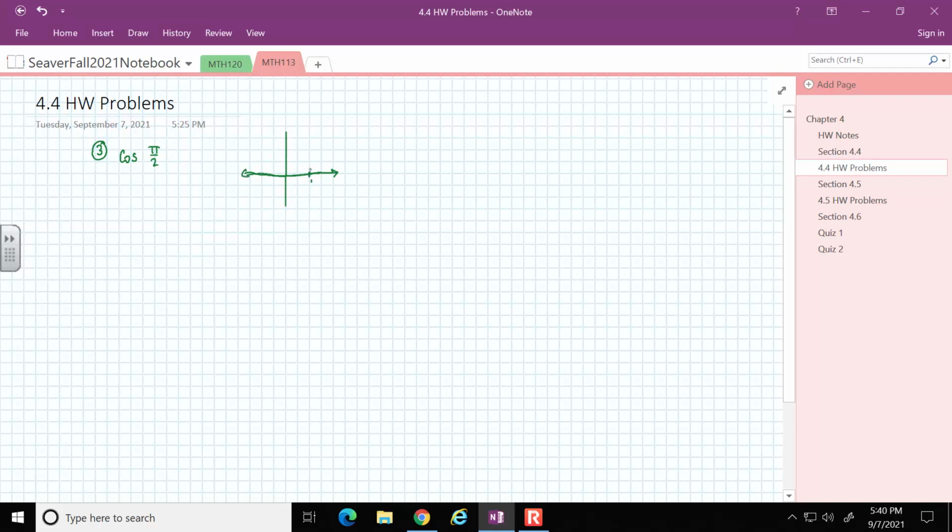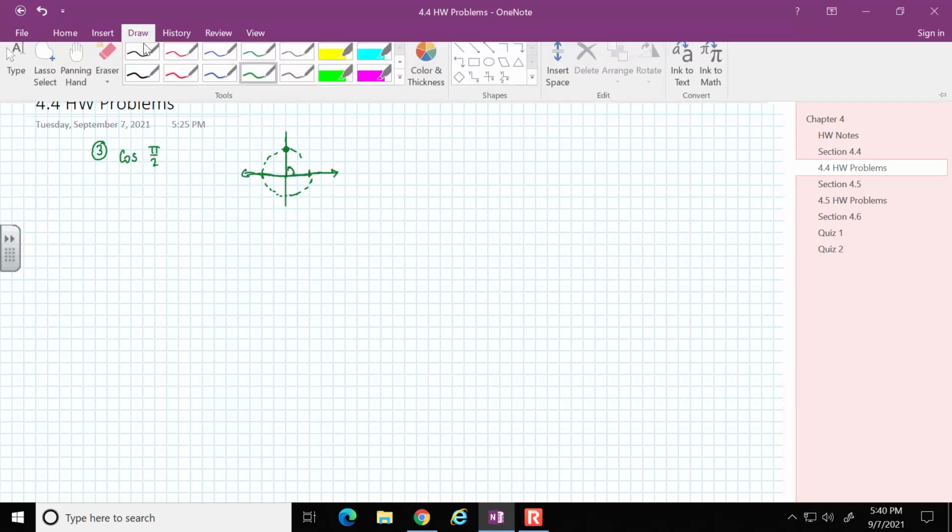If this is 1, then it's kind of this circle. So on the unit circle, the pi over 2 ends right here, so our angle is this angle that we're talking about.